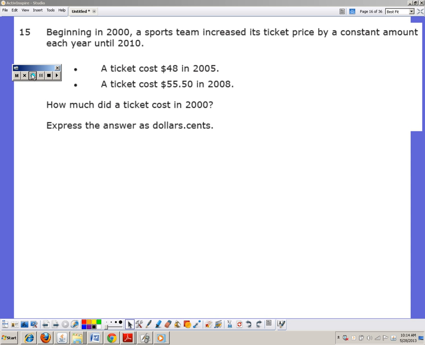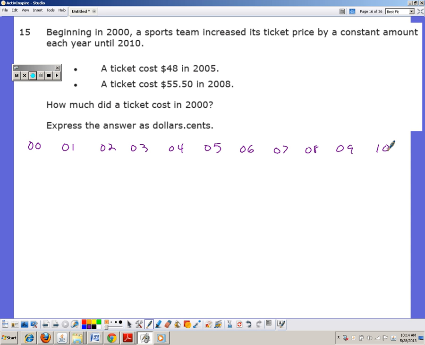Okay, so you have your years. You have 2000, 2001, 2002, 3, 4, all the way up to 2010. They tell you that it goes at a constant rate every single year. Okay?